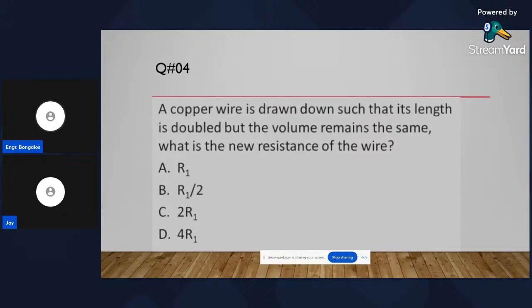So, sabi daw, 'di ba for example, ito yung wire natin, then inunat daw siya, pero yung volume niya is constant pa rin. Yung volume remains the same. So, ano mangyari lang?